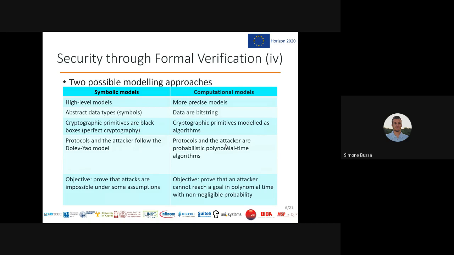For example, reversing a hash function is an operation that can be done only with negligible probability. The objective is to prove that an attacker can reach a goal in polynomial time with non-negligible probability. But as I said before, in this presentation we mainly focus on symbolic models, which are the ones widely used today for the verification of protocols.